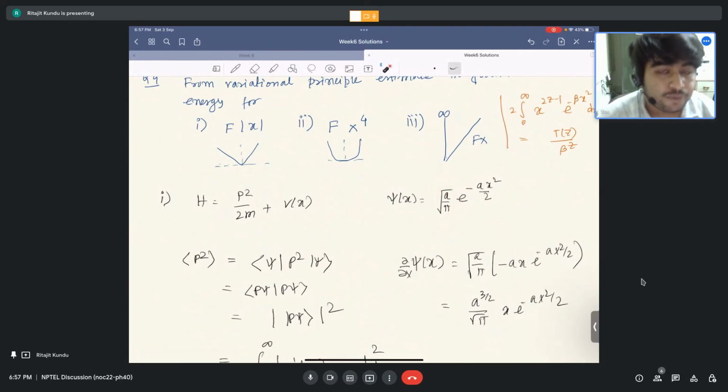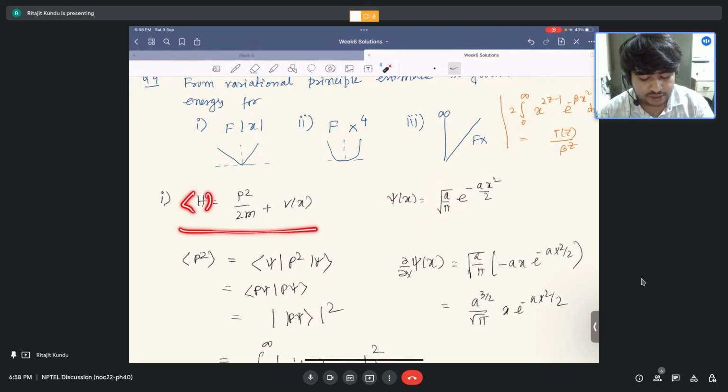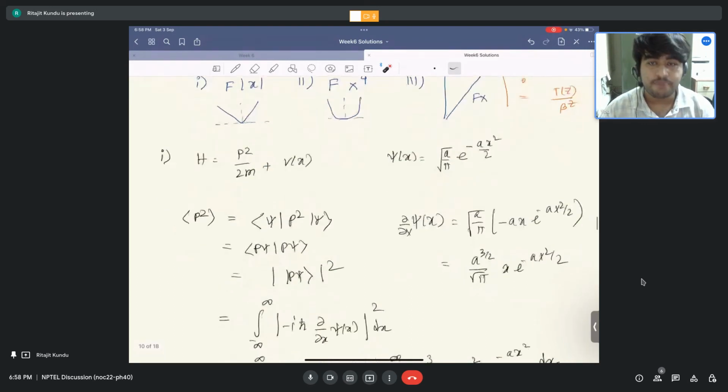First you take a good guess depending on the symmetry, depending on how the quantum well looks, and then you have to normalize the whole wave function, right? If you do not normalize, there is no meaning in doing any calculation. All of the probabilistic interpretation doesn't make sense anymore. So you normalize the wave function first, and then take the expectation value over the whole Hamiltonian. Let's do it part by part.